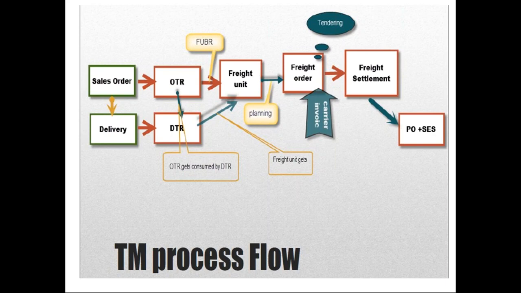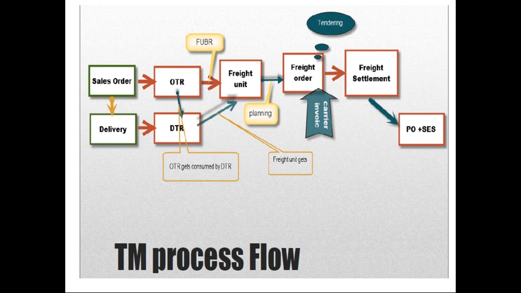As of now, just remember that a freight unit is nothing but a quantity and the material. What is the definition of the freight unit as per SAP TM? It's the smallest unit of measure, the smallest quantity of material which is common across the transportation chain, from the source to destination, so it will not vary.